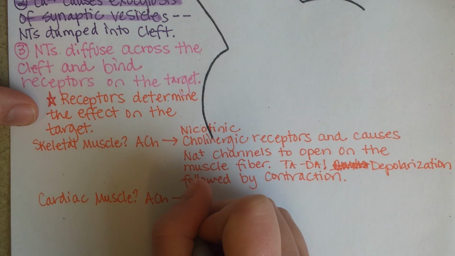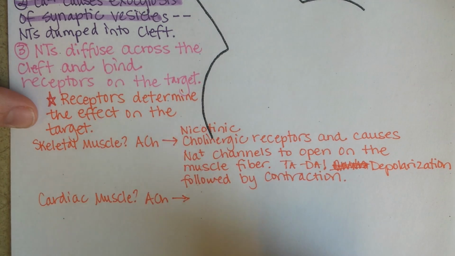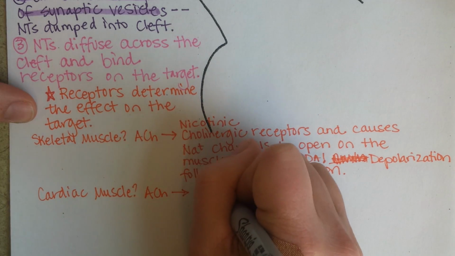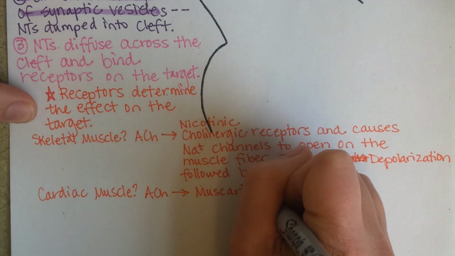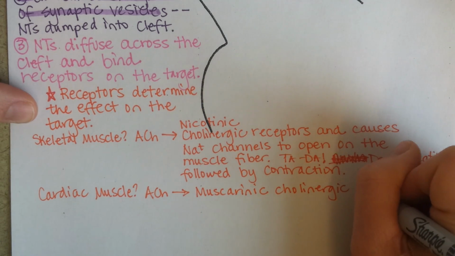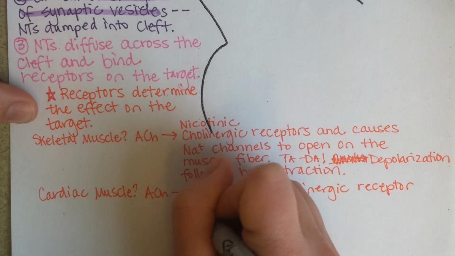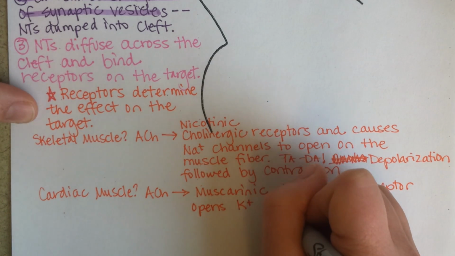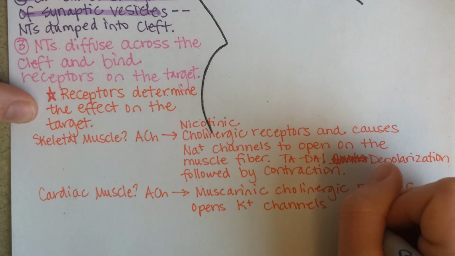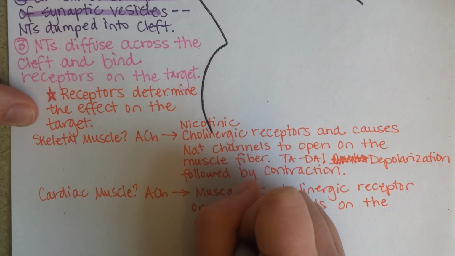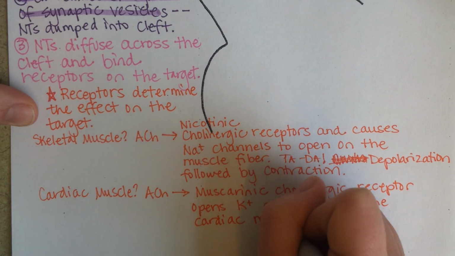But let's say it was acetylcholine, and it's going to bind to a different type of receptor called a muscarinic cholinergic receptor. It opens potassium channels on the cardiac muscle cell.